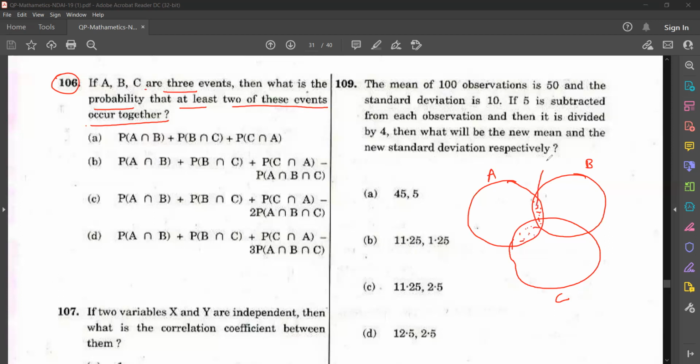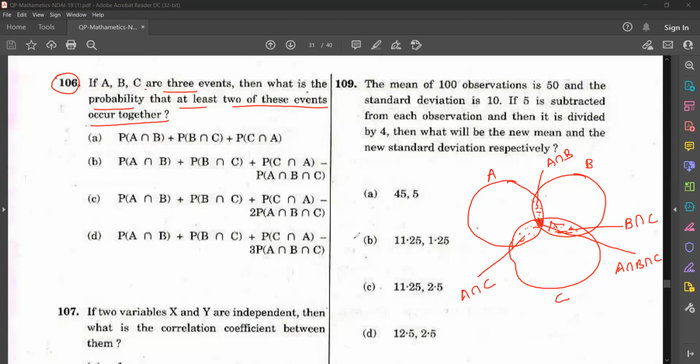So this region is A intersection B. This region is A intersection C. This region is B intersection C. And this central portion is A intersection B intersection C.